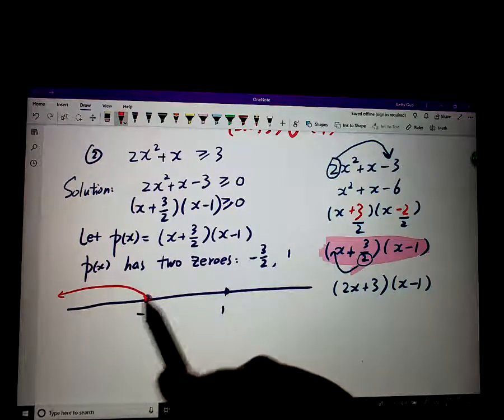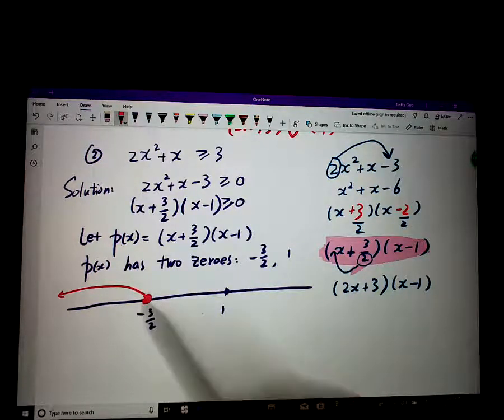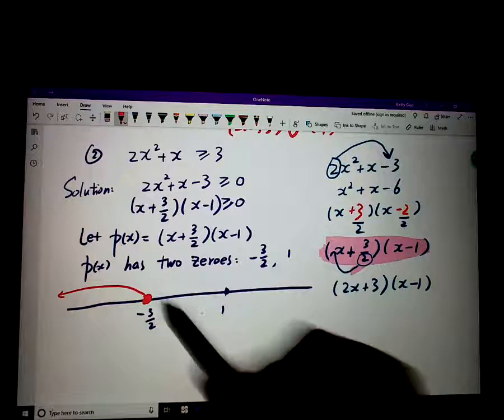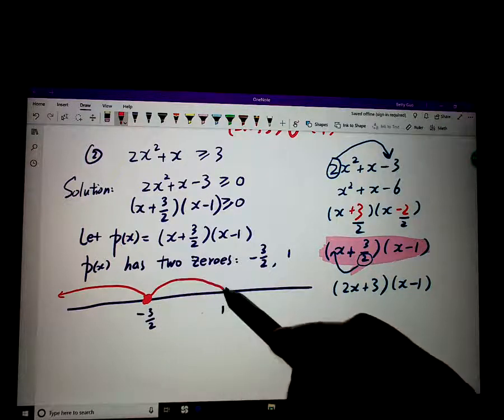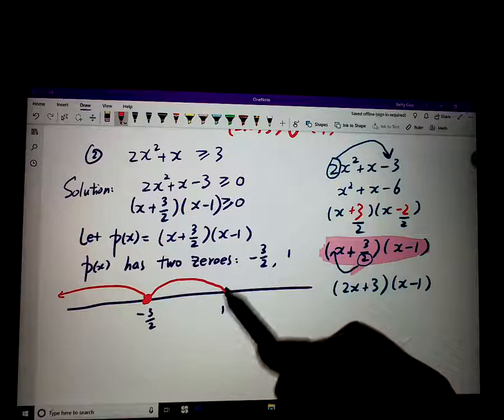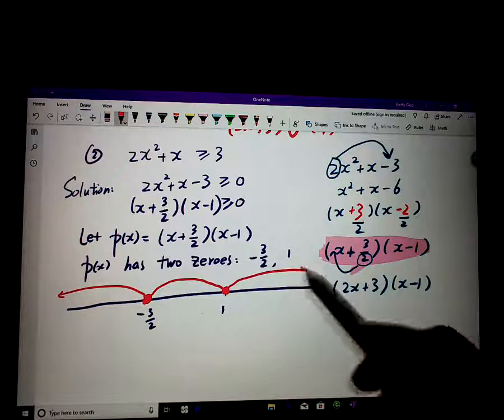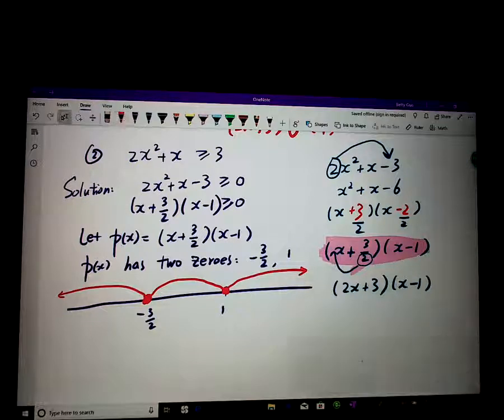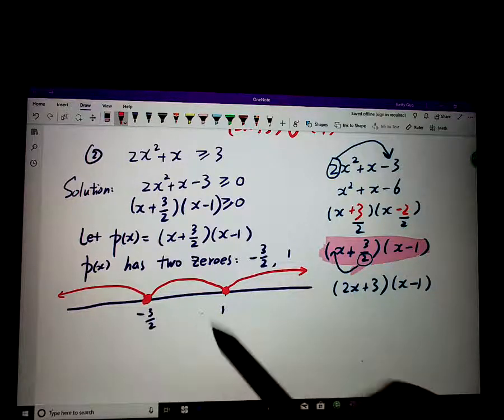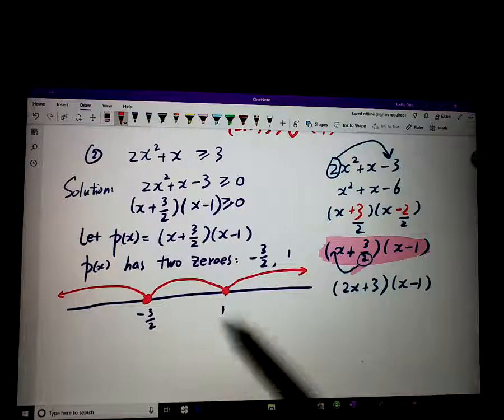And this time we're going to use closed interval. I'll explain why this time we use closed interval. Second part is from negative 3 over 2 to 1. The third part would be 1 to positive infinity. Okay? And the 3 intervals are going to be the first row of the chart.